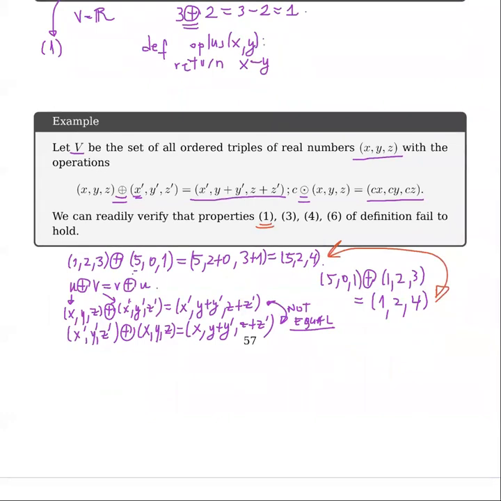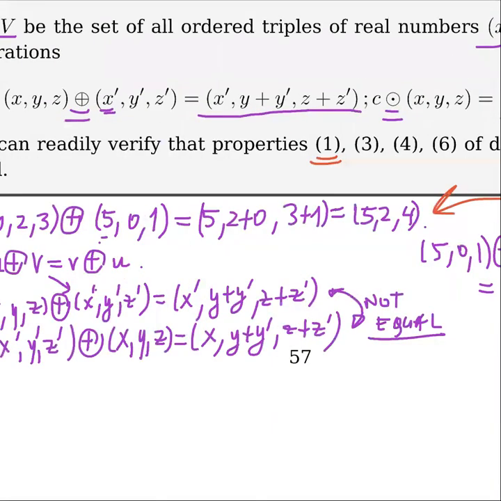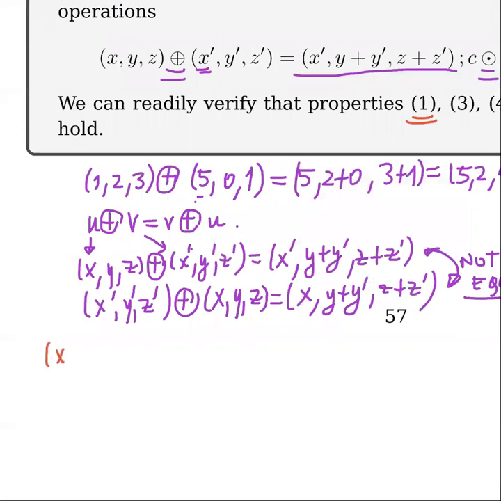Okay, in this case, it's interesting that the second property is, for example, satisfied. So the parentheses will not matter for this operation, vector addition. The x is different, yes. So the parentheses will not matter, okay? What do I mean by that?